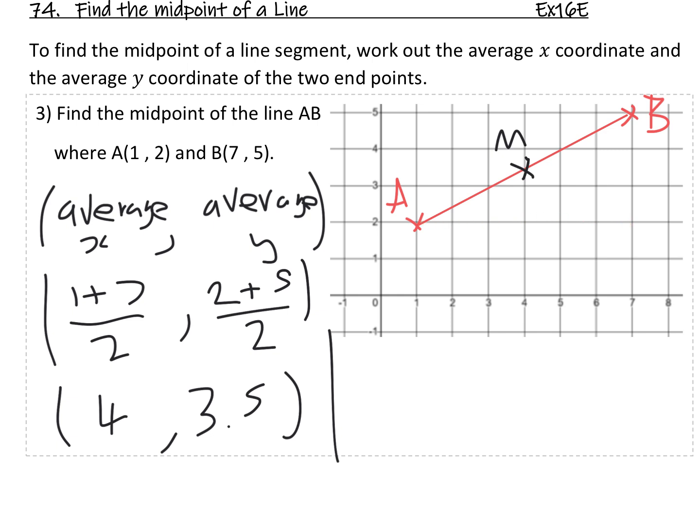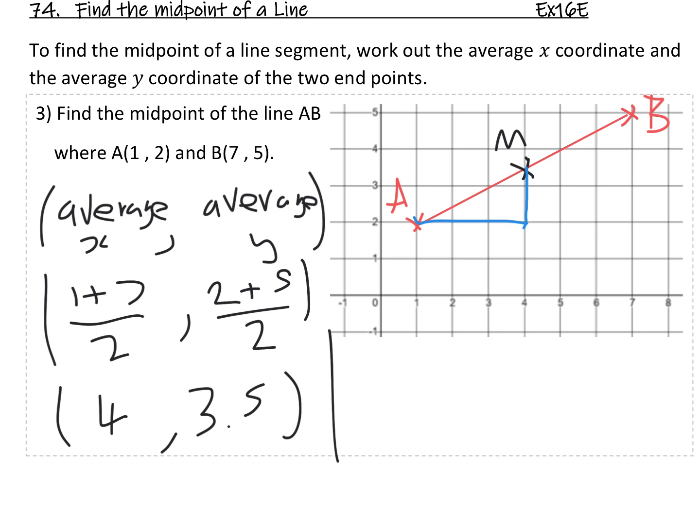So if you're going to go half of the distance across, half of 6 is only going 3 across, from 1 to 4. Then if you're going to rise up from 2 up to 5, you're going a distance upwards of 1, 2, 3. So instead of going the full distance 3, only go half of that, which would be 1.5. Half of 3 is 1.5.